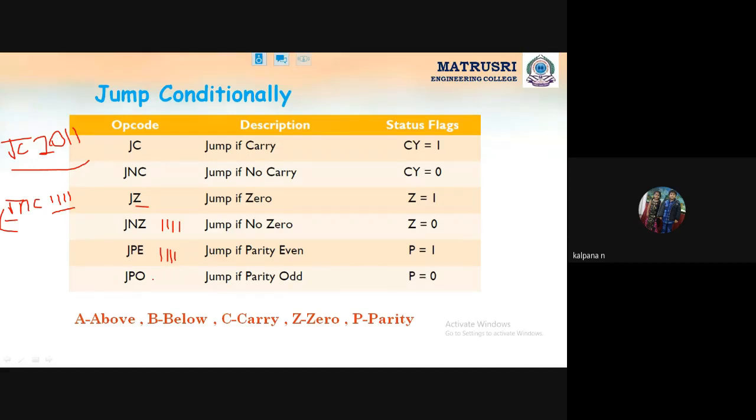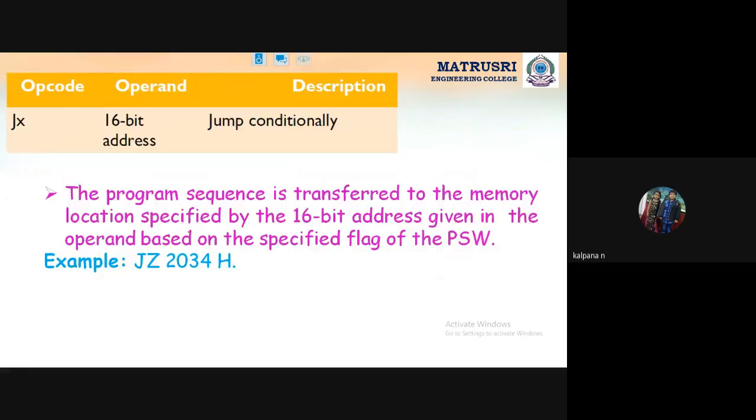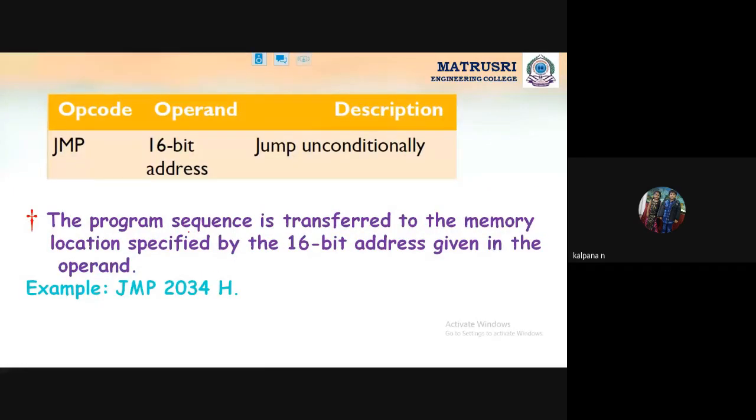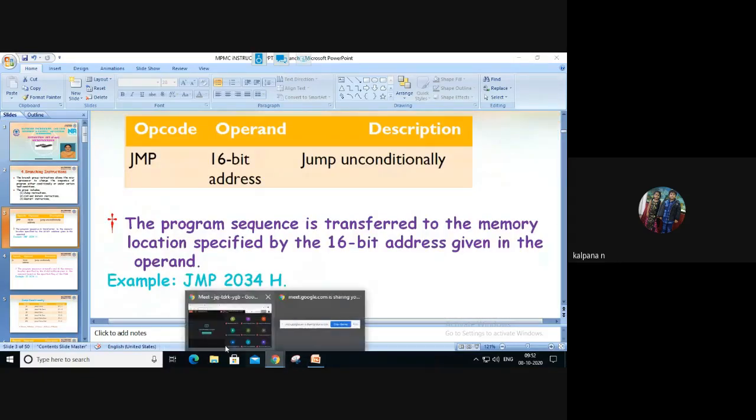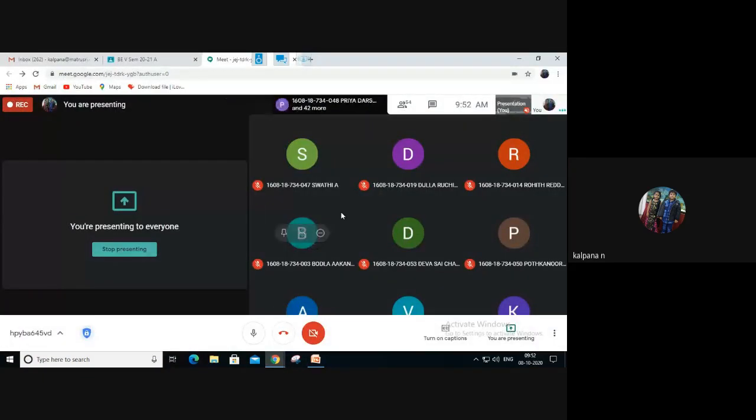If the result is odd, meaning the parity flag is equal to 0, then it will jump to the address location we specified, 1010. So these are the conditional jump instructions. And the unconditional jump instruction is JMP. Understand? Unconditional jump is JMP and conditional is JC.